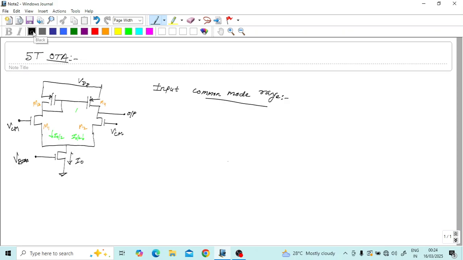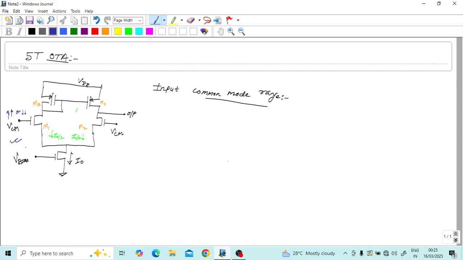The input common mode range means: when we increase or decrease the voltage at the input, how will the transistors behave? We want all the transistors to be in the saturation region for this variation of the common mode voltage.